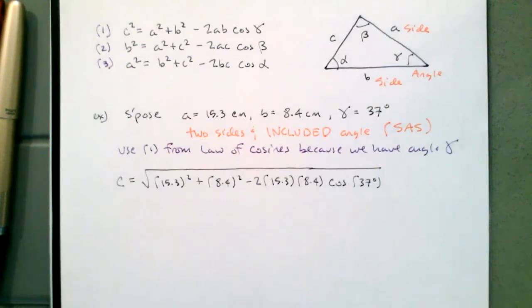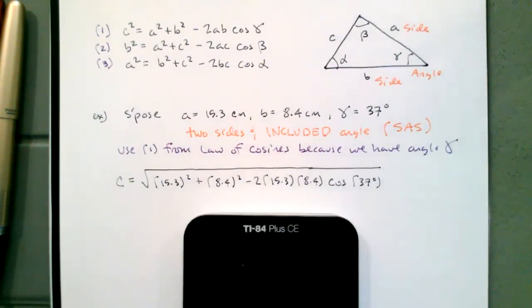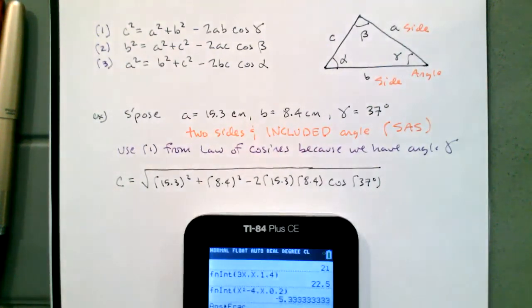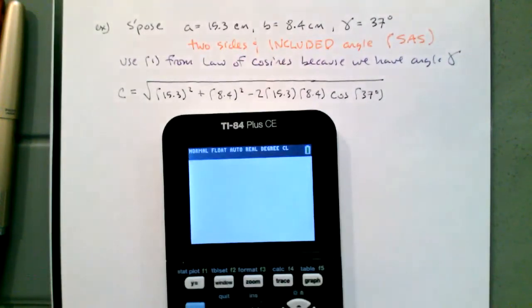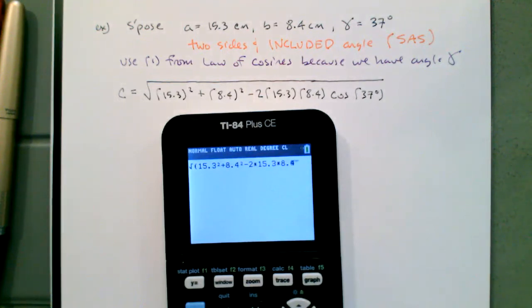Now we're just in the land of the calculator exercise. And I'm just going to type it like I write it. Square root of 15.3 squared plus 8.4 squared minus 2 times 15.3 times 8.4 times the cosine of 37.